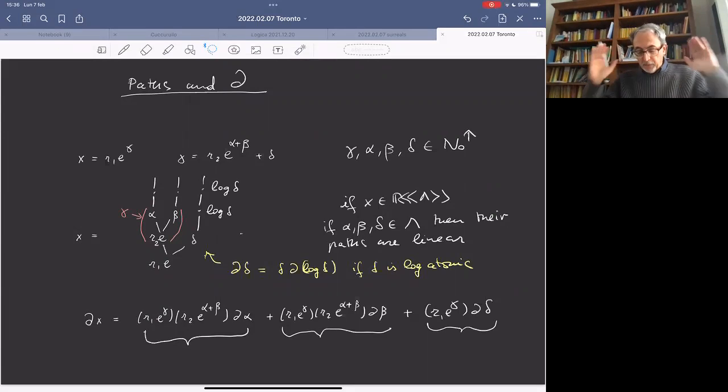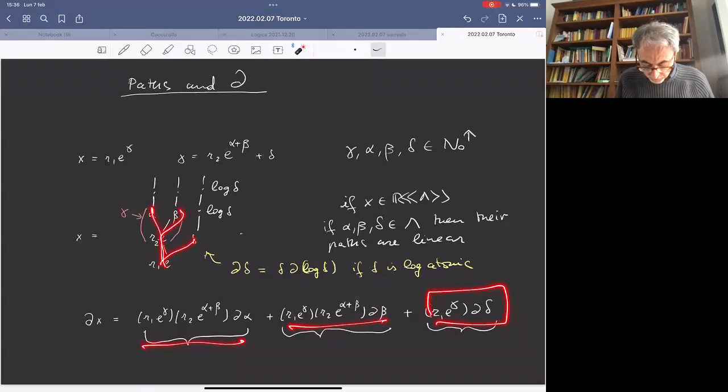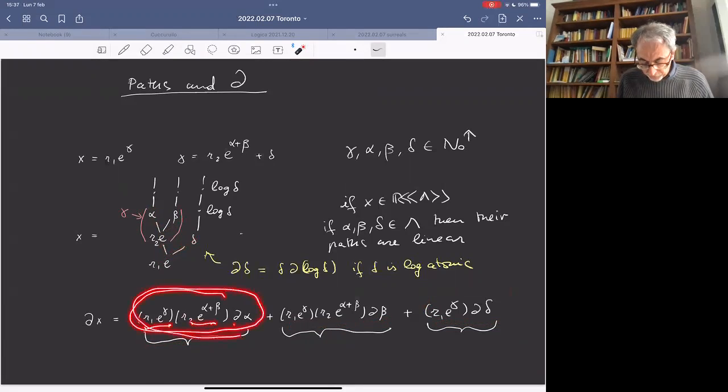But even if they are logatomic, if you know the derivation restricted to the logatomic, and Vincenzo explained to you how to do that, if all the paths end up in a logatomic, then necessarily the derivative is a sum of contributions, each coming from one of the paths. So these are exactly what Vincenzo called the path derivative. The first term here is the path derivative of this path, and it's one of the contributions to the derivative of x.